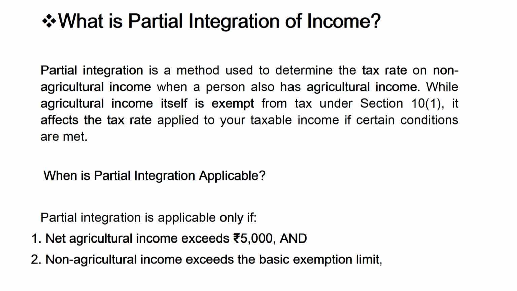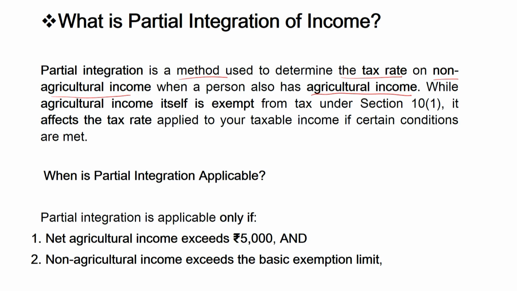So now let us understand the rule of partial integration, and how, according to it, taxes are calculated for the assessee in case of agricultural income. Basically, it is a method used to determine the tax rate on non-agricultural income of the assessee when they also have some agricultural income.